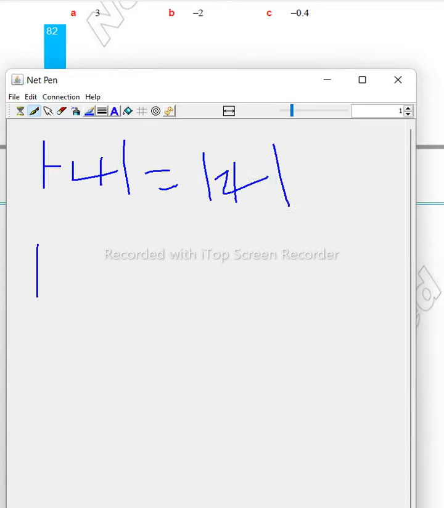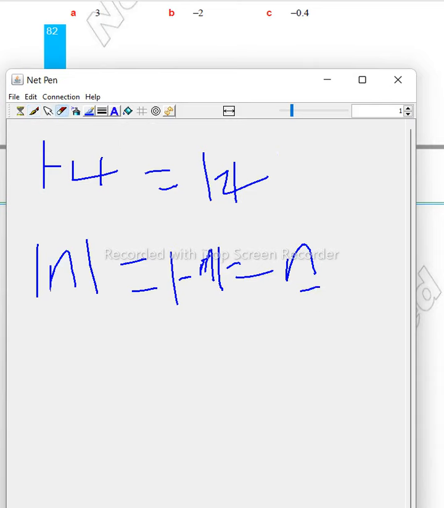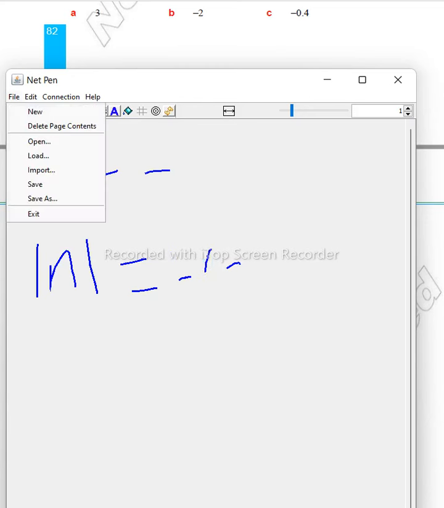This means for any number n, the absolute value of n is equal to the absolute value of minus n, which is equal to n. Both are n.